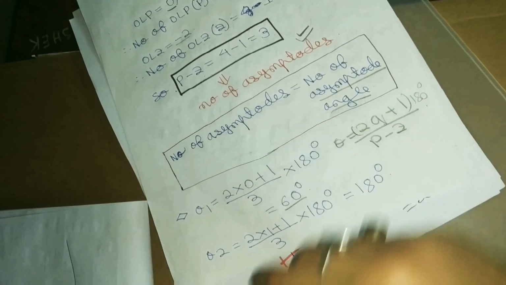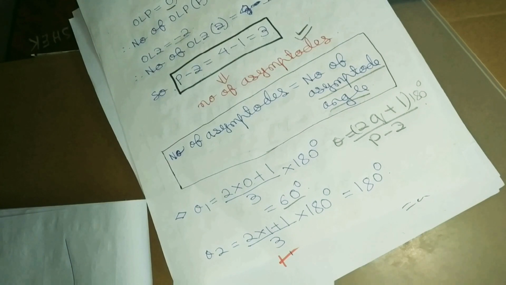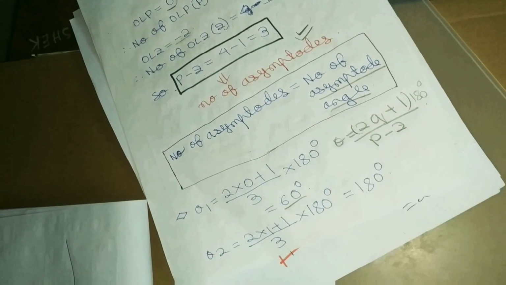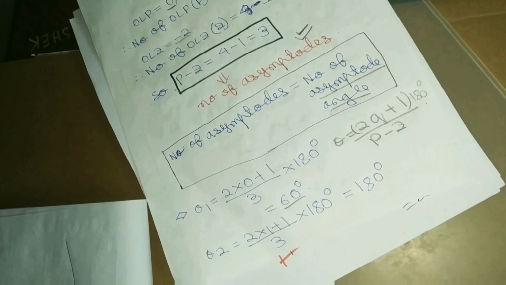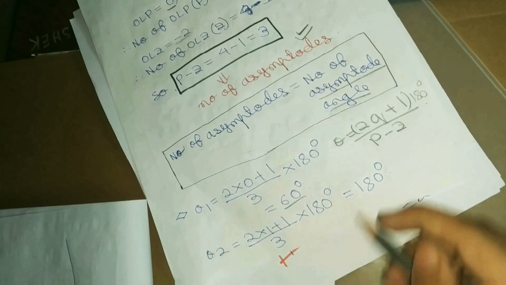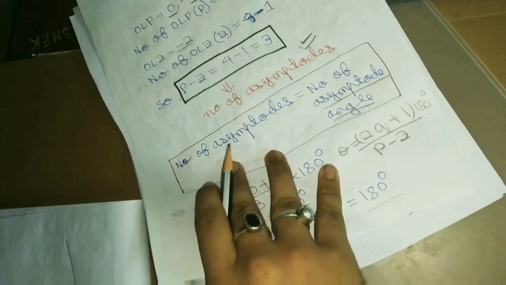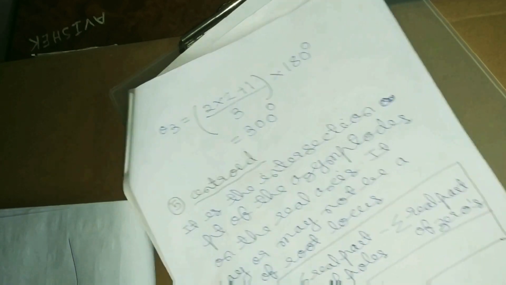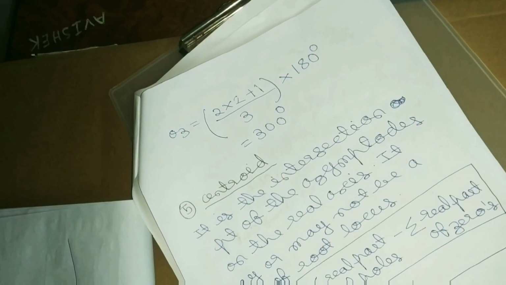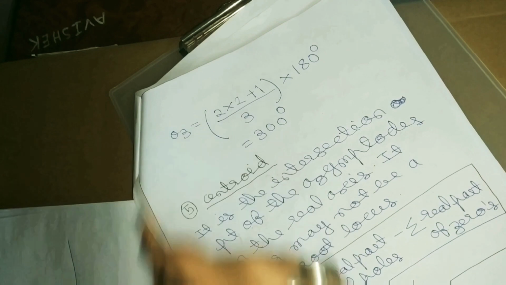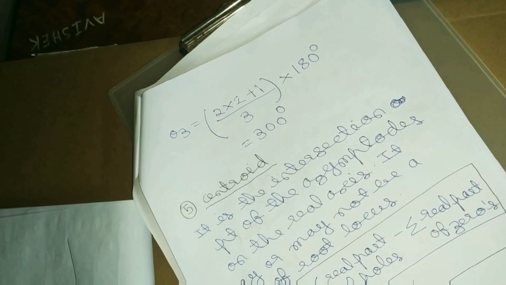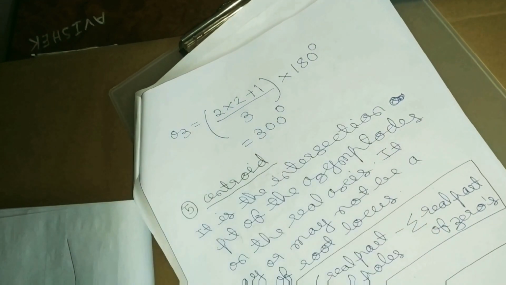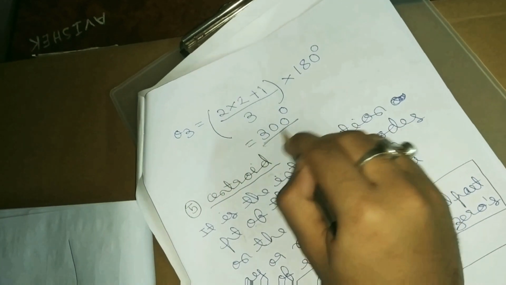What will it come to? 60 degrees. The first asymptote angle is 60 degrees. Then put q as 1. See what you will get, 180 degrees. And similarly, number of asymptotes is 3, so there will be 3 angles. The last one is theta 3, so we have to put q as 2. So see, 300 degrees will come here. Okay.